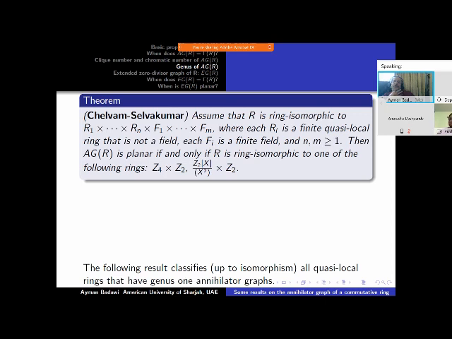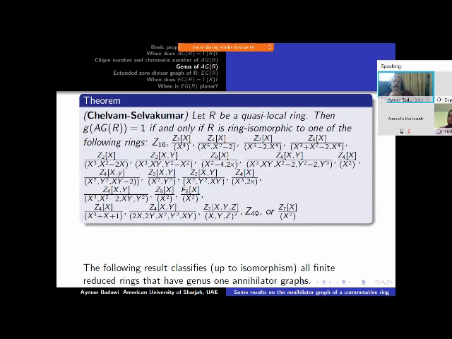Then also, they showed the annihilatory graph is planar if and only if, that's it. And again, Shelvam and Silva Kumar, this is beautiful math. You study the graph, and at the same time, you know the ring structure. I'm not exaggerating, but I think this is really beautiful mathematics.